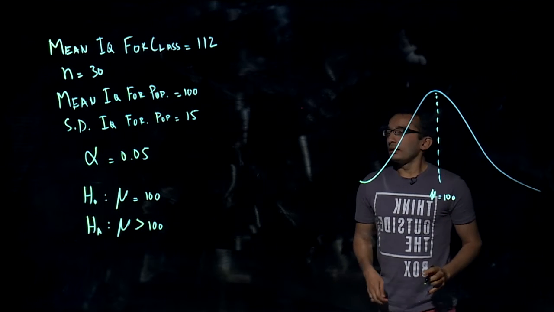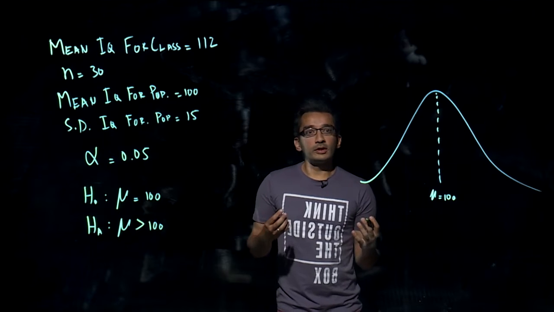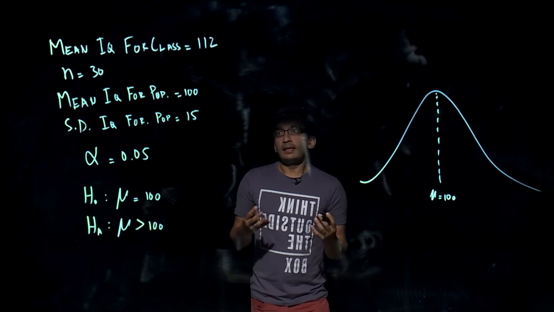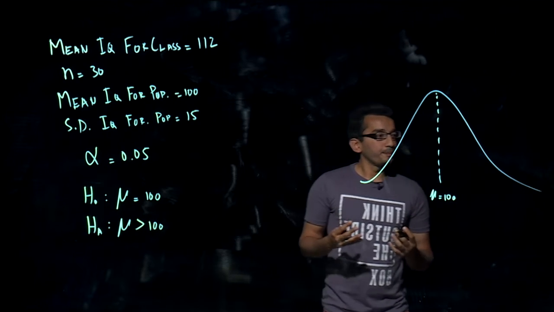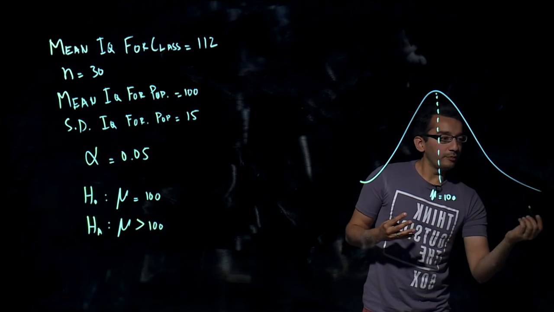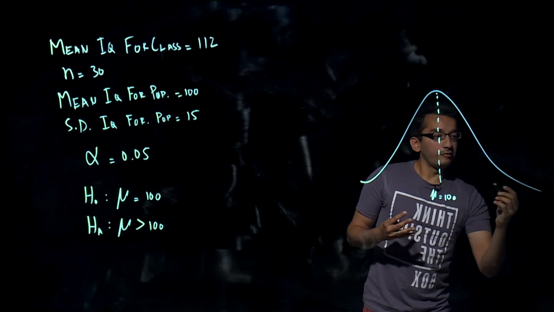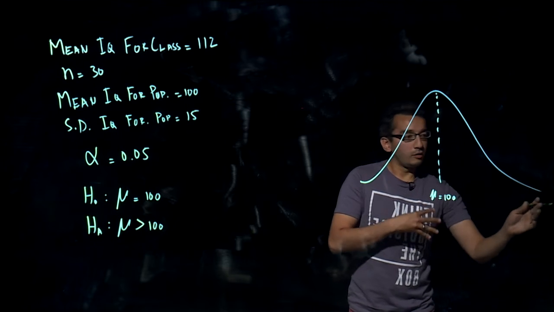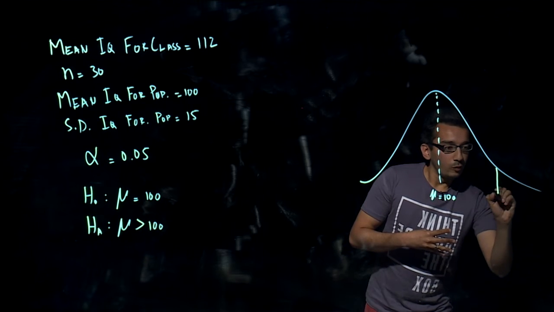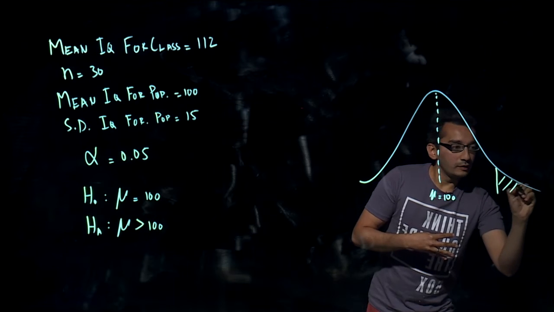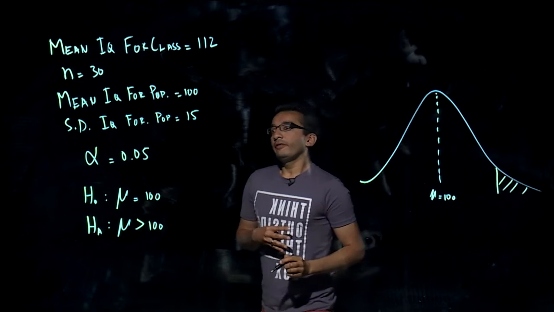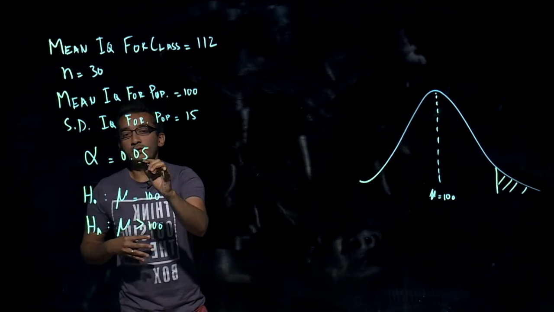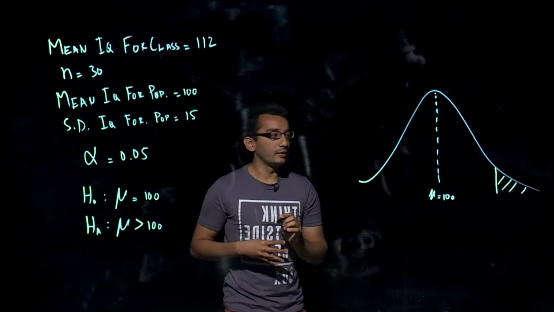The next step is to figure out the area of rejection, and that area of rejection is the 5% area, the 5% of the total area under the bell curve on the right hand side of the bell curve. Why is this the case? It is because our level of significance for this hypothesis testing is 5%.